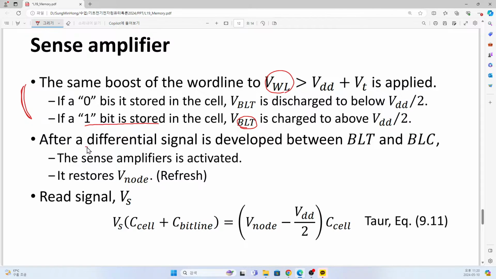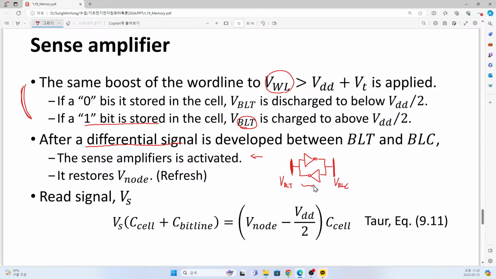After we have a sufficiently large differential signal, the sense amplifier is activated. Then what is the sense amplifier? It is once again just a cross-coupled inverter. But before starting its activation, it was just turned off. It was connected to BLT voltage and BLC voltage, and since it was turned off, nothing happens.